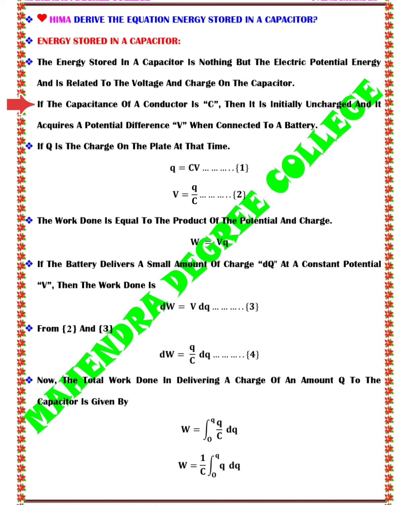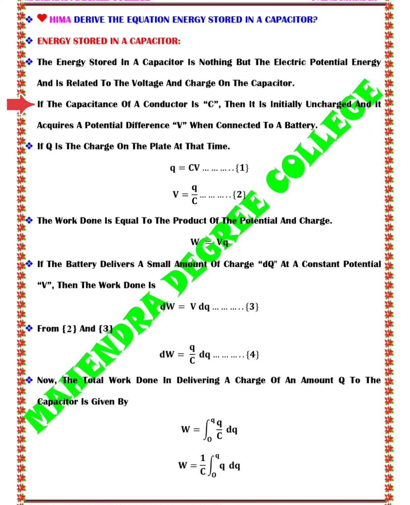It means when an uncharged capacitor is connected across the battery, the potential difference between the plates of the capacitor increases from 0 to the value of the electromotive force of the battery.